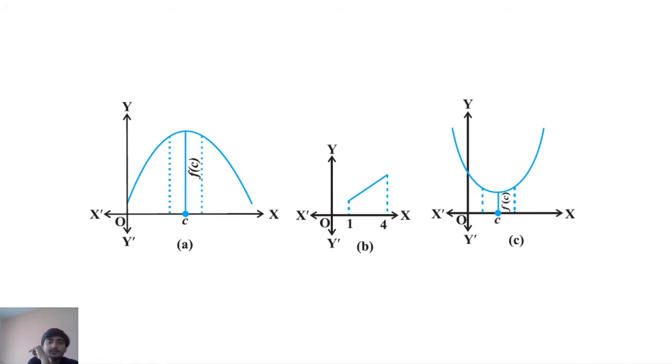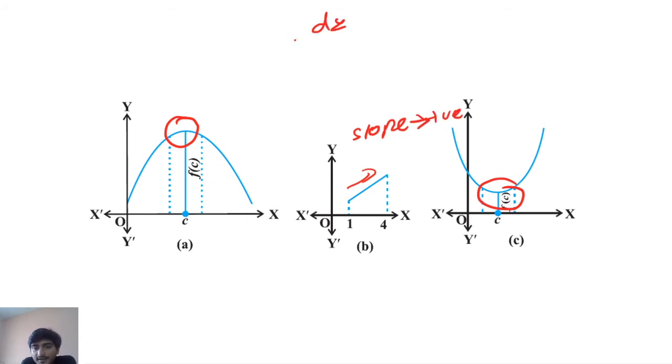Now the third point is, in this one you saw it was changing its sign here, in this also you saw the sign was changing here, right? But in the third case what happens, see, the slope is positive, meaning dy by dx is positive, and also the sign is not changing.